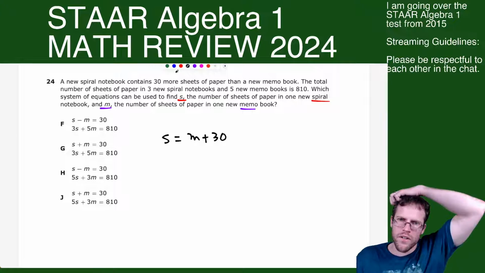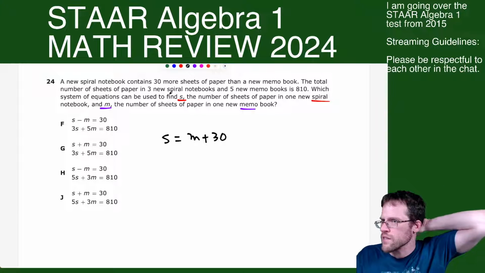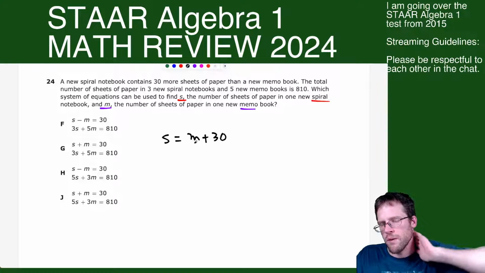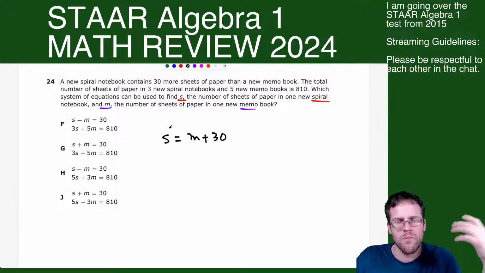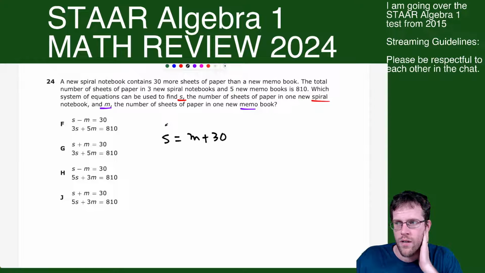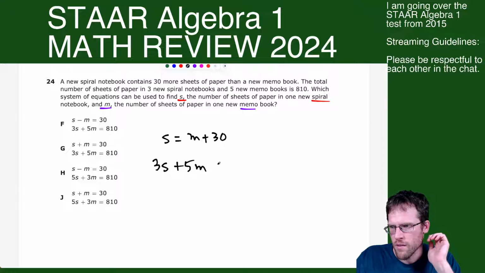Okay, and think about this very carefully. The spiral notebook S contains 30 more sheets of paper than the memo book. So if I take the memo book and add 30 pages, now it has the same number of pages as the spiral. Okay, and the total number of sheets of paper in, okay, so 3 spiral notebooks is 3S, and 5 memo is 5 times M, and the total number of pages in both is 810.